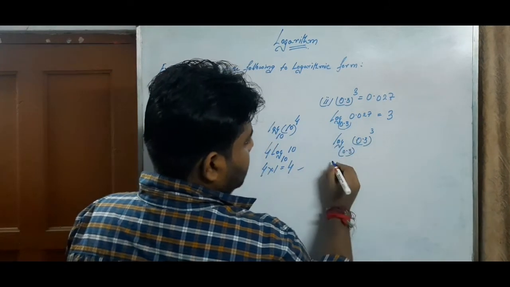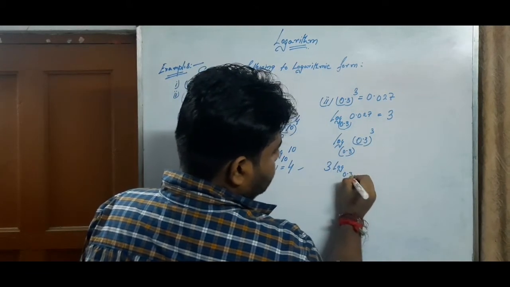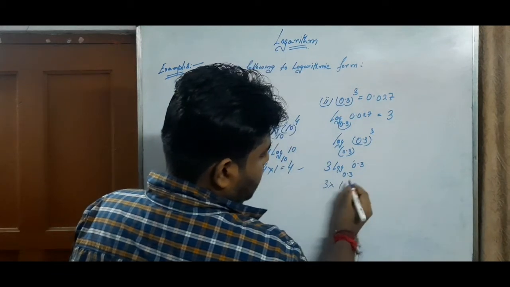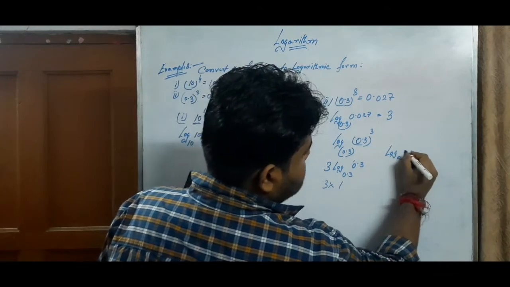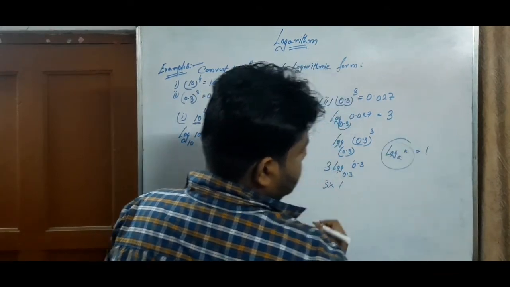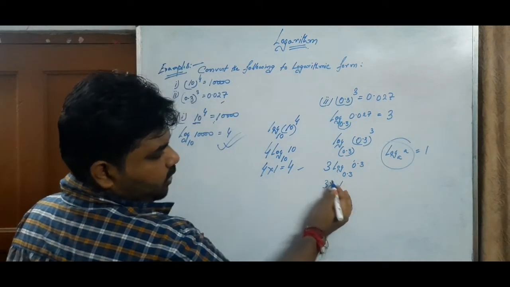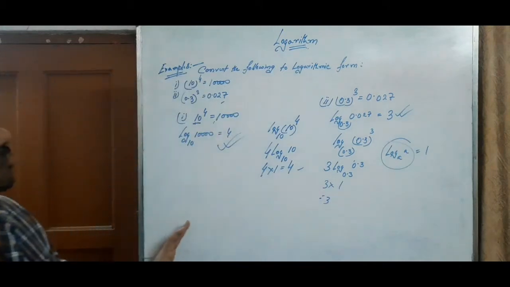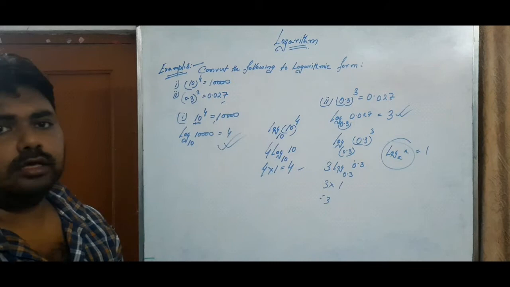Okay, that is 3 will come first. 3 log 0.3 base 0.3, that is 3 into 1. From the formula we get log a base a equals 1. Similarly log 0.3 base 0.3 will be 1, that is 3 into 1, 3. Good. Okay, this is how we convert the following into logarithmic form.